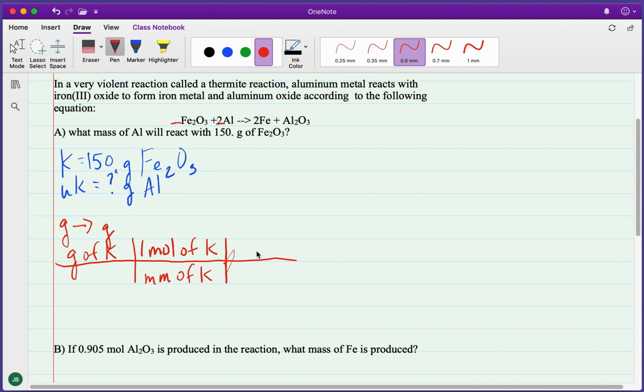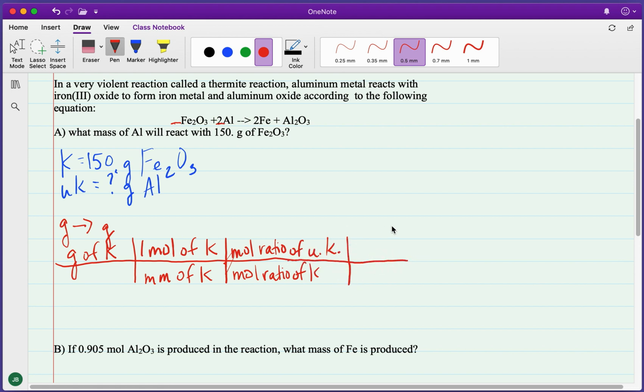So that's going to be the numbers that are used in our mole ratio. The numbers used in the mole ratio always come from the balanced reaction. So we're going to have the mole ratio of the known and the mole ratio of unknown. So I'm going to abbreviate that UK.